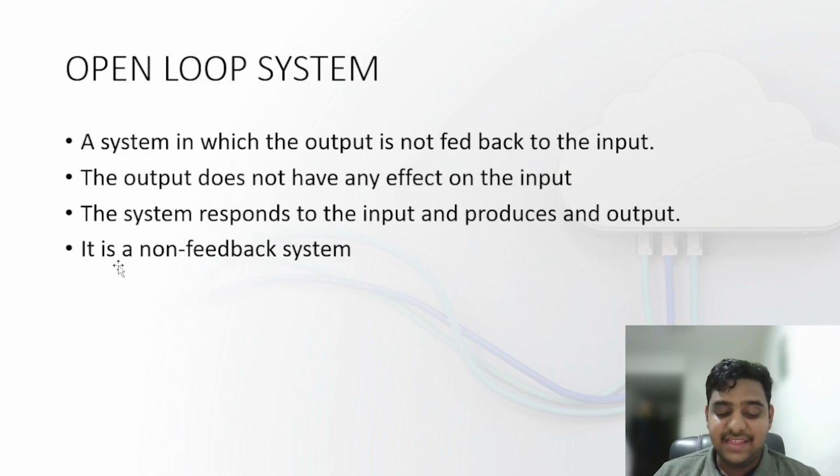The input, on the other hand, is determined by the designer or the operator, or we can say the programmer as well, based on the desired output. This means the system is not able to make adjustments or corrections based on changes in the output. So it is not a standalone system.